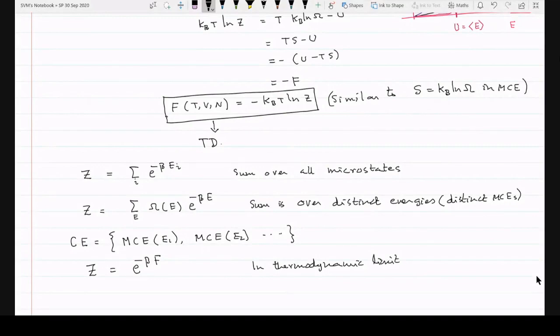So this is how the partition function can be looked at at three different coarse-grained levels. And the thermodynamic limit expression is what relates what we calculate in statistical mechanics to what is there in thermodynamics. And the rest of the thermodynamic properties can be obtained once we write down the Helmholtz free energy.